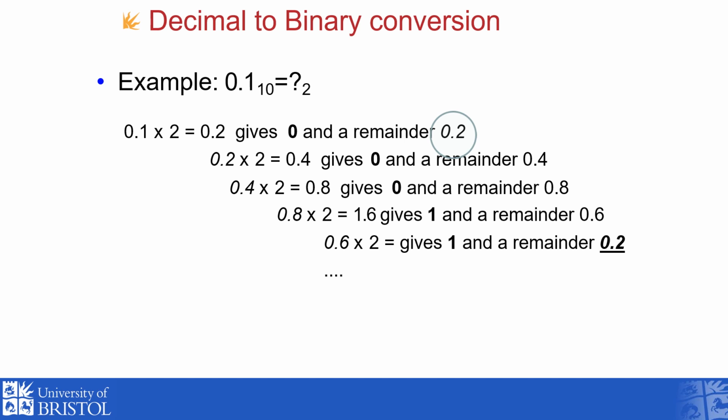In other words, at some point you will always be hitting 0.2, which falls back to what we previously said in the previous slide about the chance of having a repetitive pattern when it comes to the fractional part in binary form. And this is what it is for the case of 0.1. It's 0, 0, 1, 1, 0, 0, 1, 1, and that goes on forever, even though this is not an irrational number.